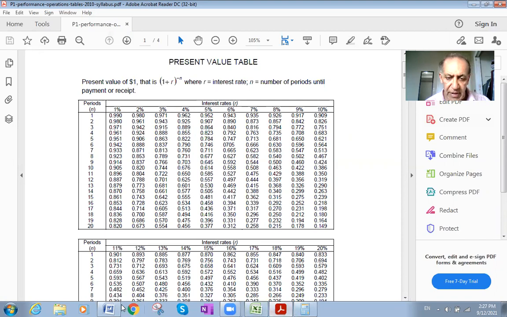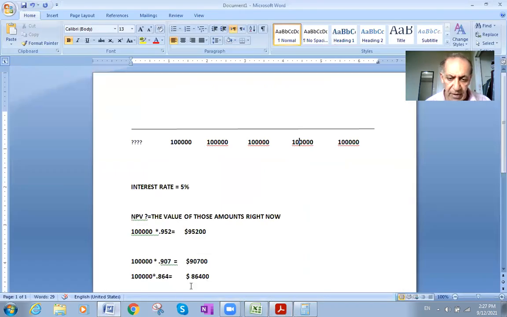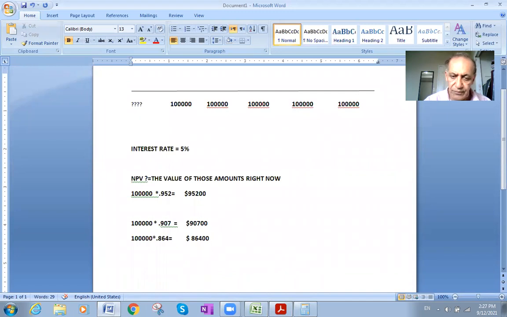Then I will multiply by 0.823. Control and C for the fourth year, 0.823. That will equal 82,300 dollars.